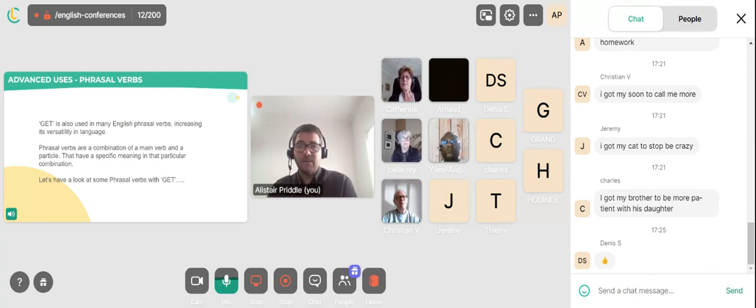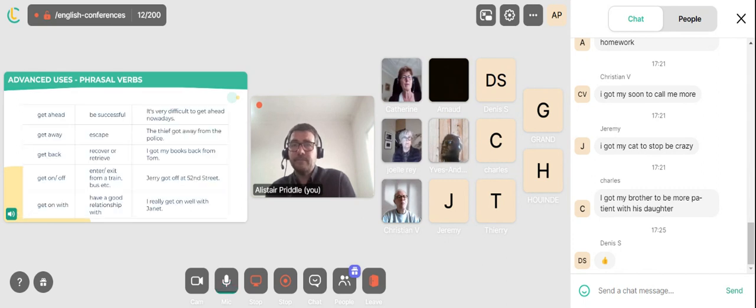Let's have a look at some phrasal verbs with get. Get ahead, which means be successful. Example: it's very difficult to get ahead nowadays.